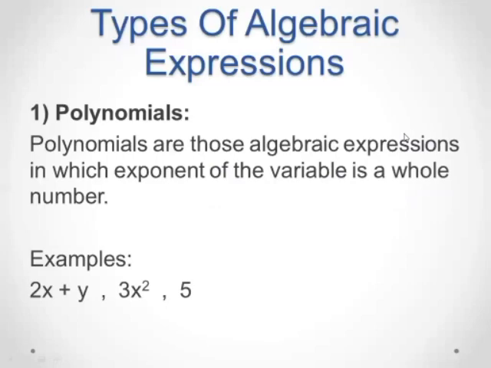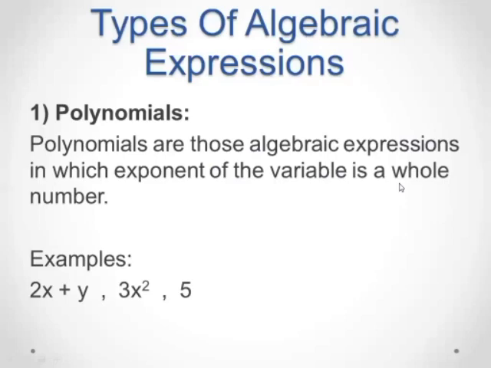There are some different types of algebraic expressions. The first one is known as polynomials. What are polynomials? Polynomials are those algebraic expressions in which the exponent of a variable is a positive number or 0.